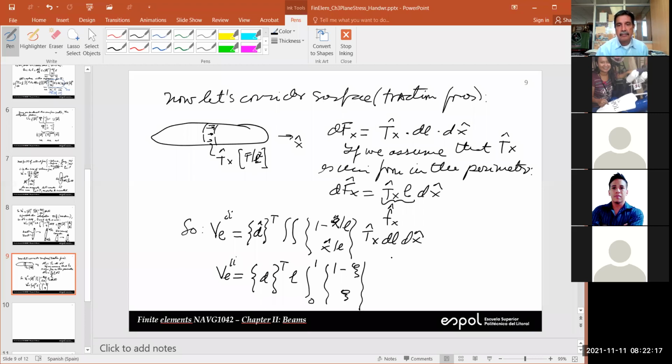And here, this is going to be force per unit area times dx. This is uniform. I'm sorry, I'm going to convert the variable of integration.